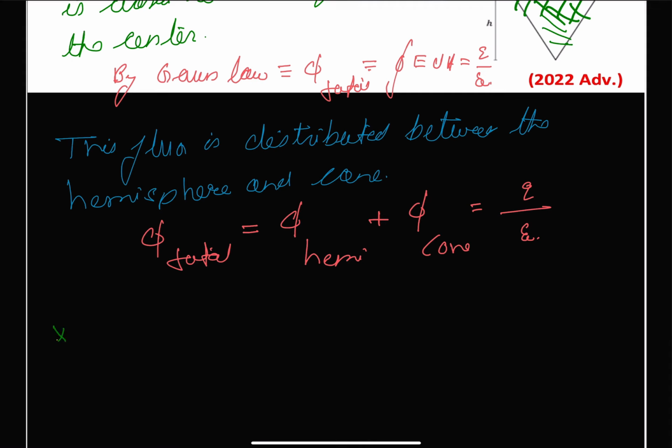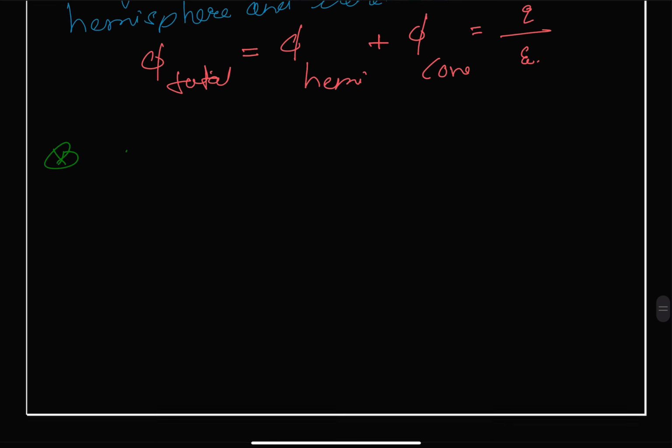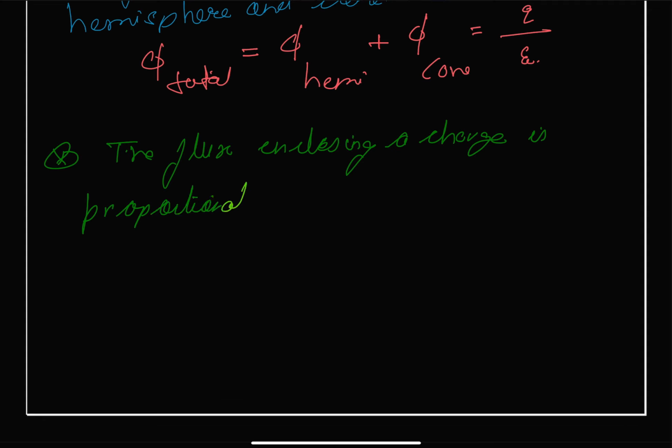So you can say the electric flux enclosing a charge is proportional to the solid angle subtended by the surface at the location of the charge, to the total solid angle.